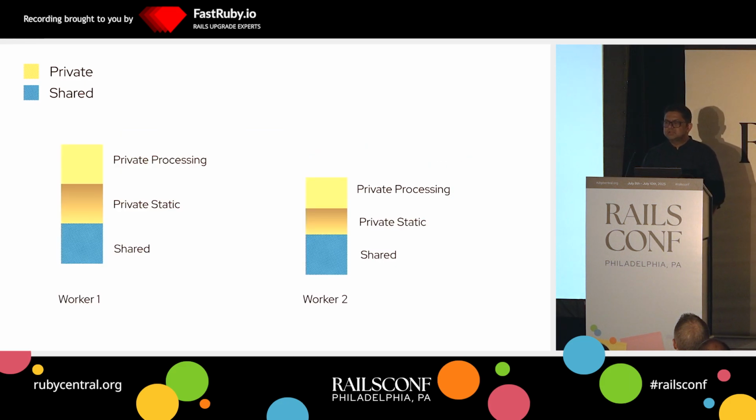And this reveals the critical inefficiency of a standard server. As each worker warms up, it builds this private static block of JIT caches and VM optimizations. Now the crucial point is this: while the content of these caches will be nearly identical across all warmed up workers, the physical memory pages they occupy are not shared.